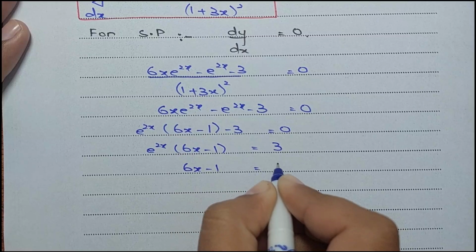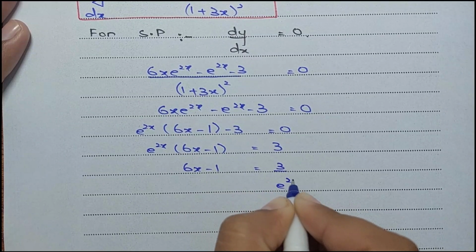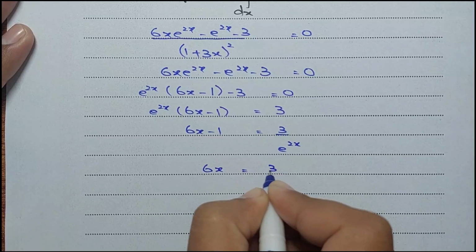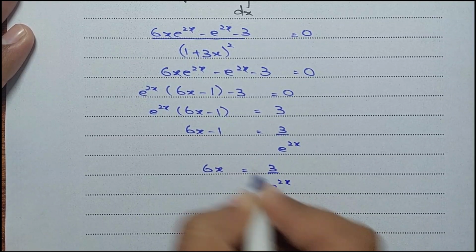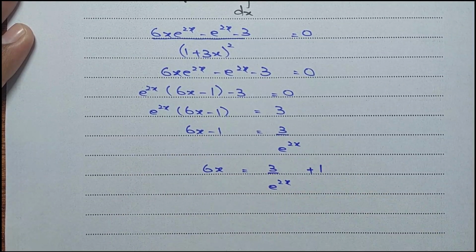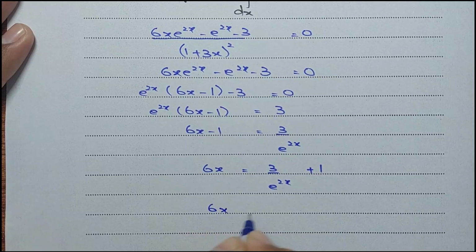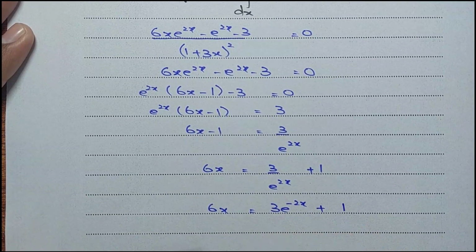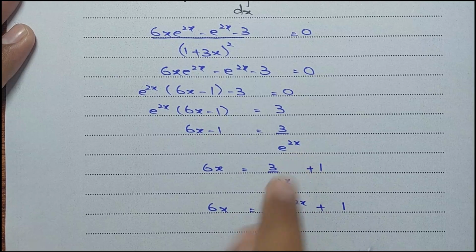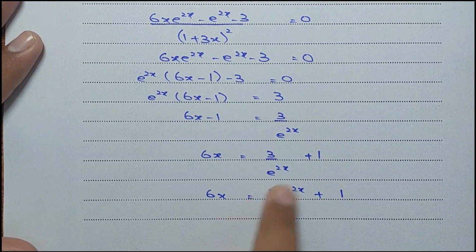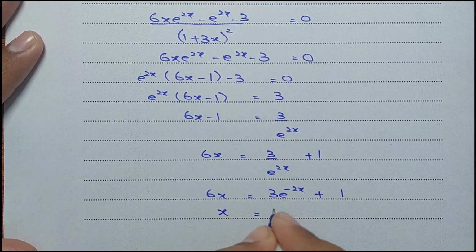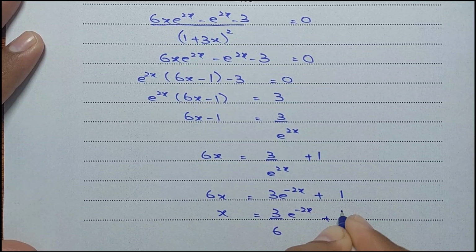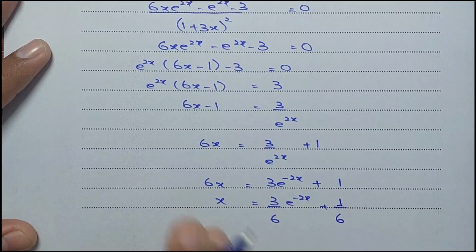6x minus 1 is as it is, 3 divided by e to the power 2x, right? Now 6x is 3 over e to the power 2x, and shift the 1 to the other side, plus 1. Now 6x is 3 e to the power minus 2x plus 1. I just shifted the exponential from the denominator to the numerator, and x would be equal to 3 over 6 e to the power minus 2x plus 1 over 6, dividing both sides by 6.